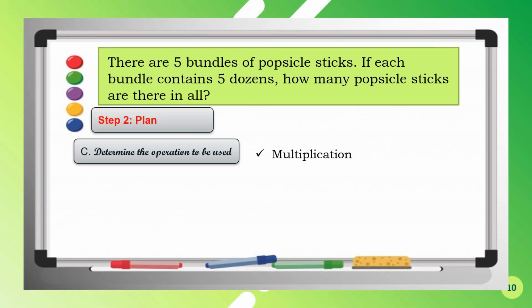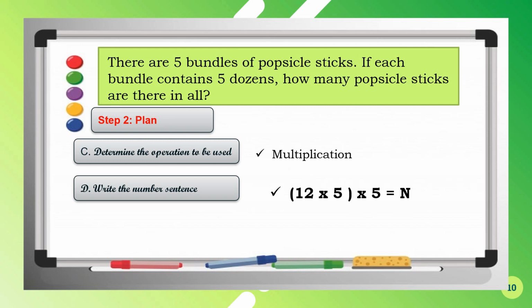So we have to determine the operation to be used, and that is multiplication. To write the number sentence, we need to look for the number of popsicle sticks per bundle, then multiply it by 5 bundles. So we have (12 × 5) × 5 = n.